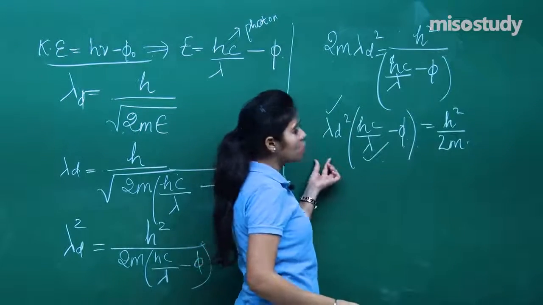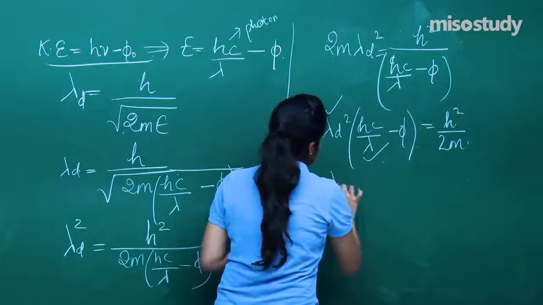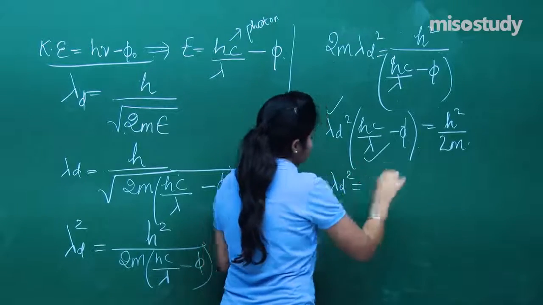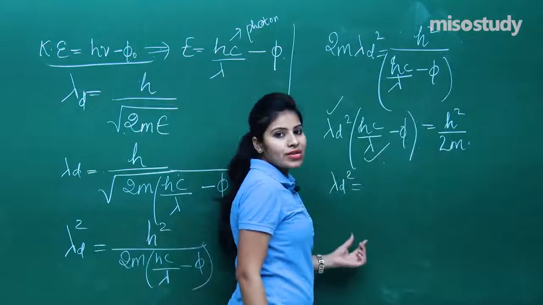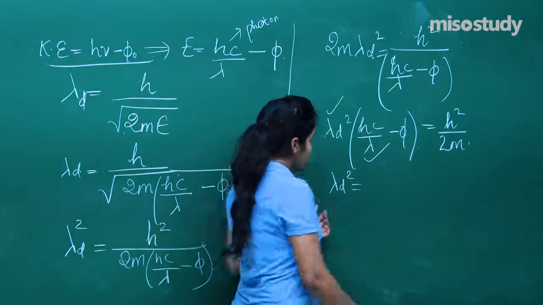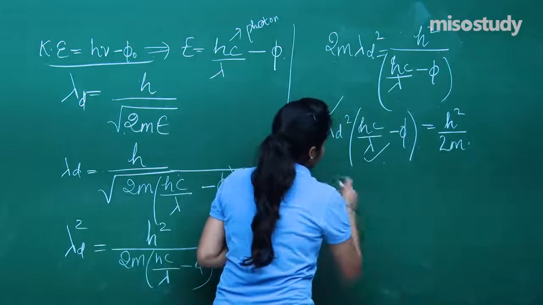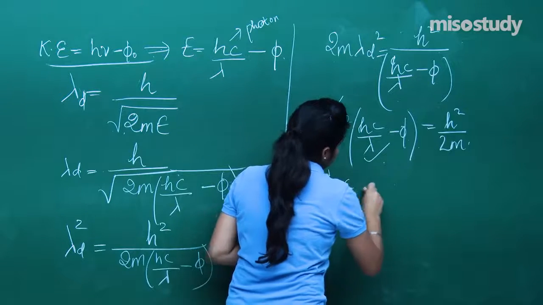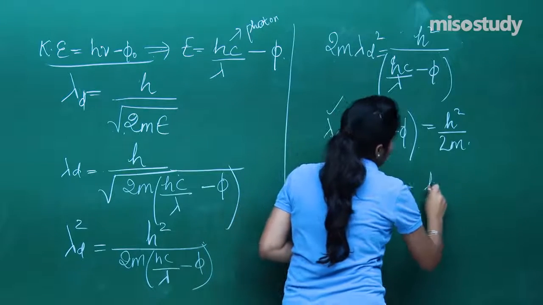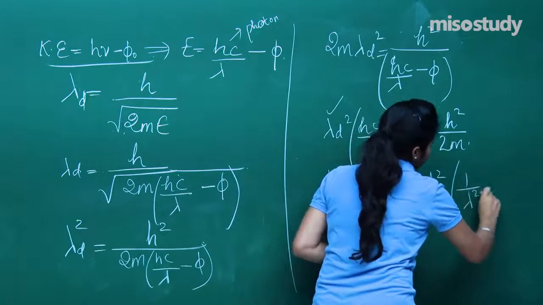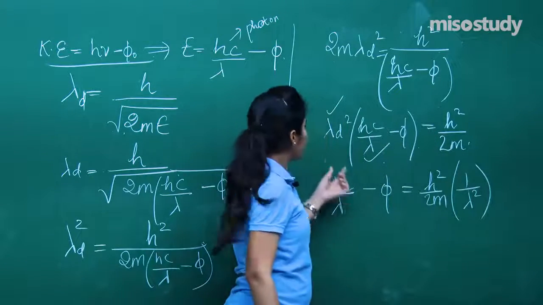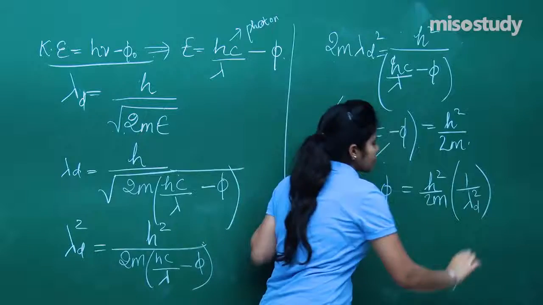You have this with you. What you can do is, lambda d square equals... you can take it to that side, or do one thing: hc by lambda minus phi equals h square by 2m into 1 by lambda d square.